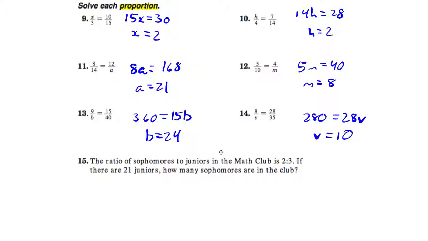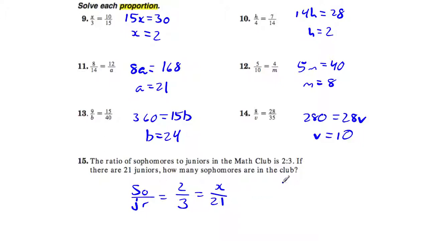And then another word problem, another application. The ratio of sophomores to juniors in the math club is 2 to 3. So if there are 21 juniors, how many sophomores are in the club?